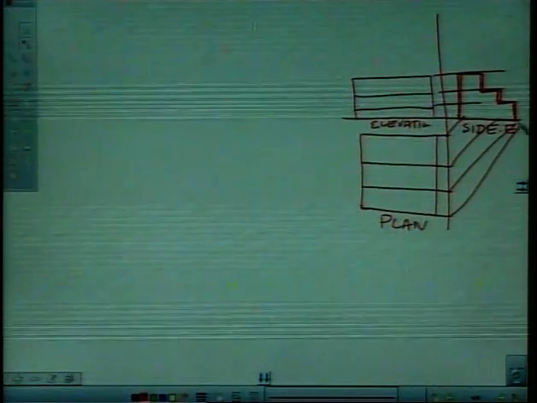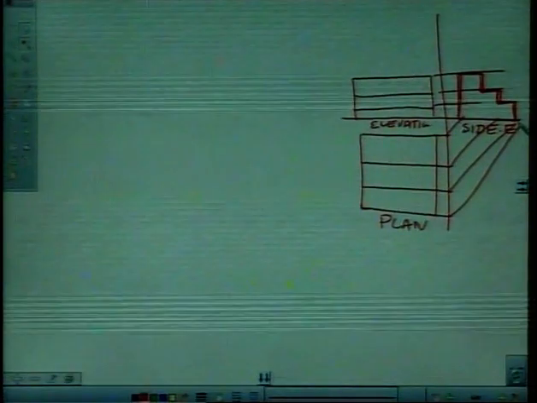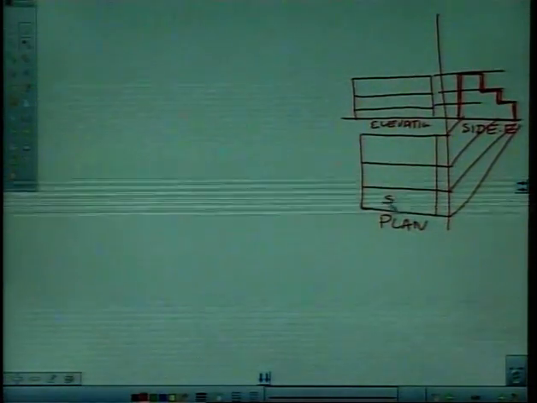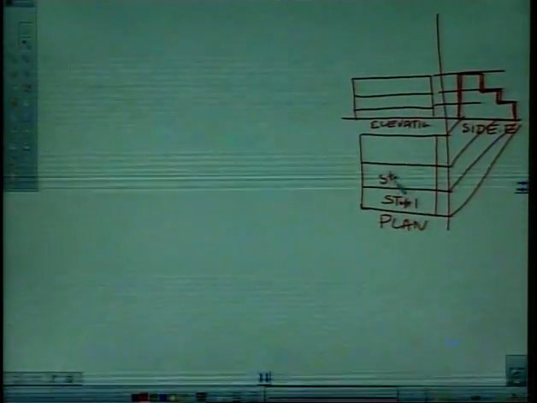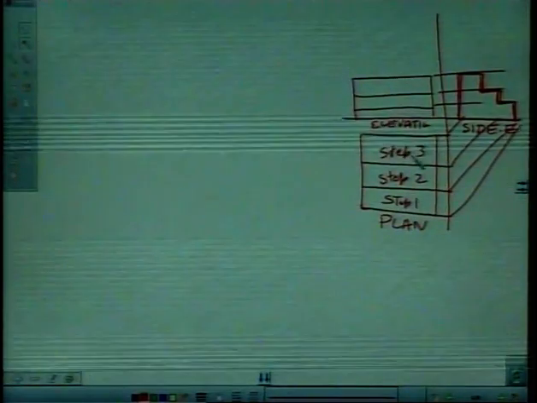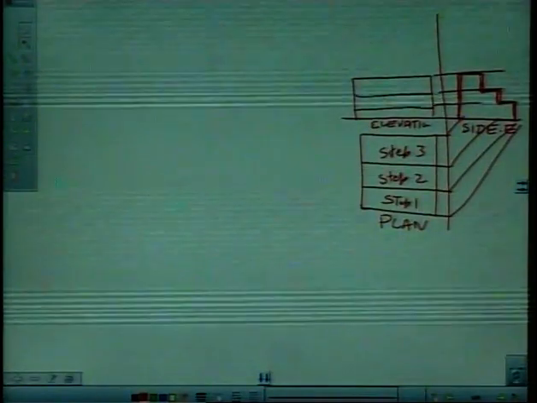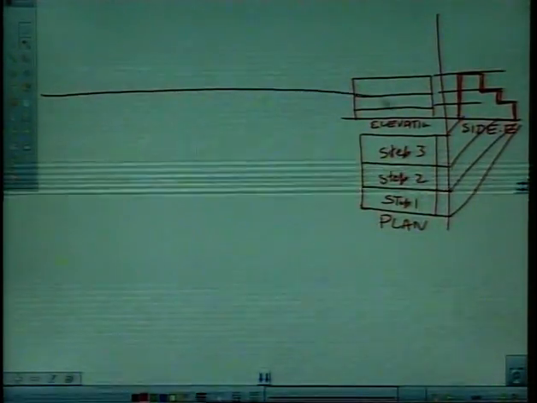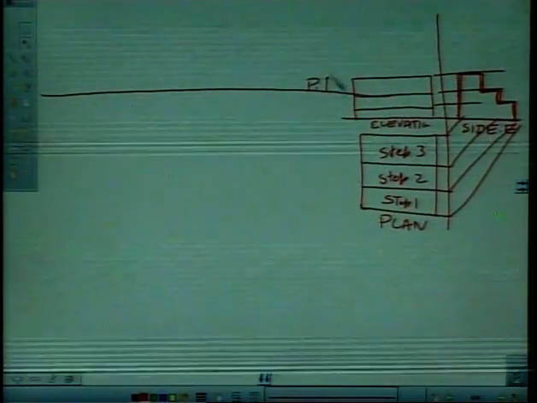giving us exactly heights of each steps 1, 2 and 3. Say this is step 1, step 1, step 2 and step 3, right. So how to draw its perspective? First step, simply draw a line, horizontal line, which is picture plane.